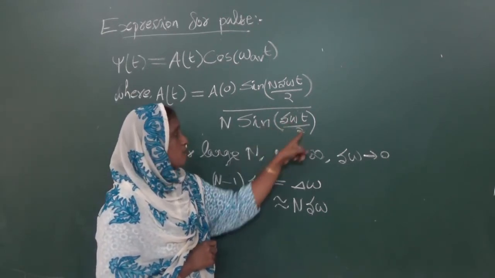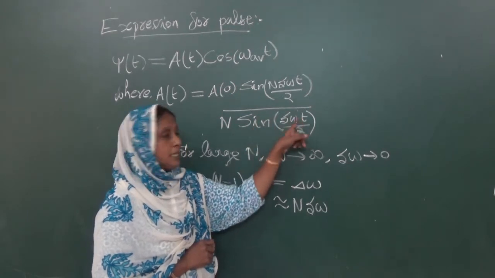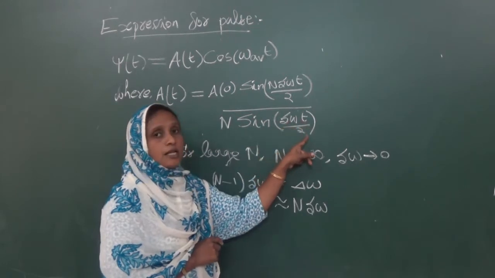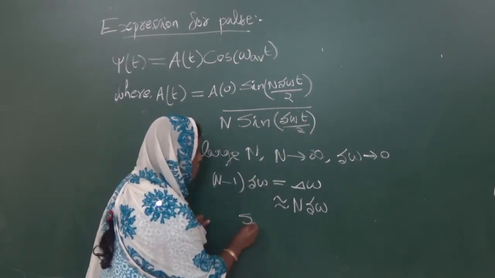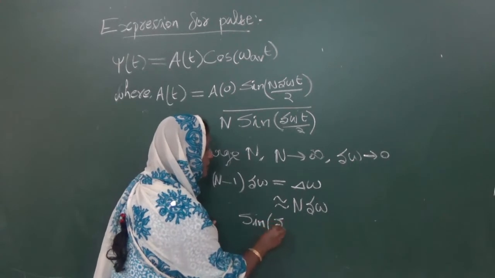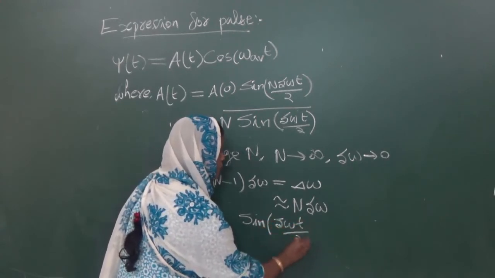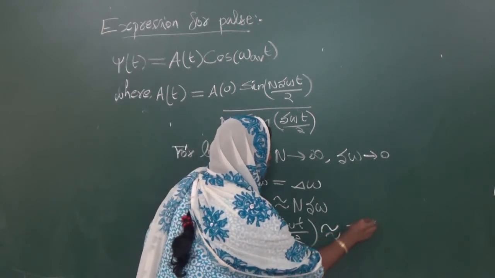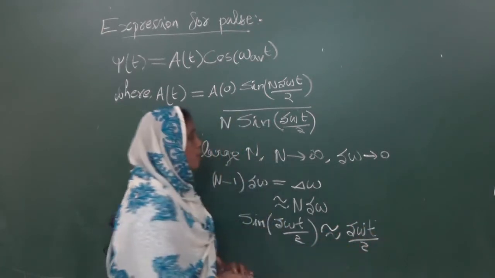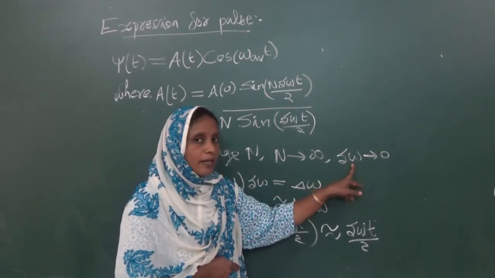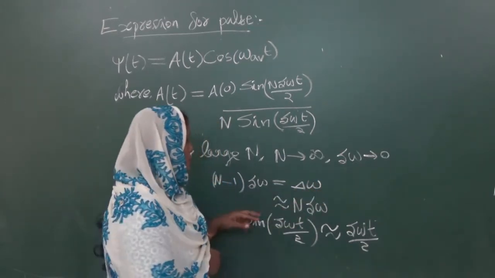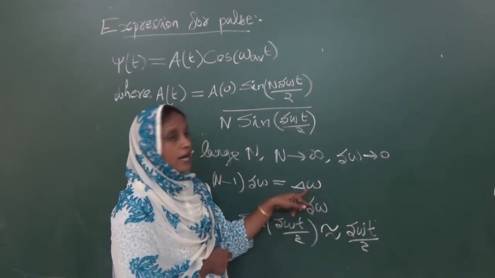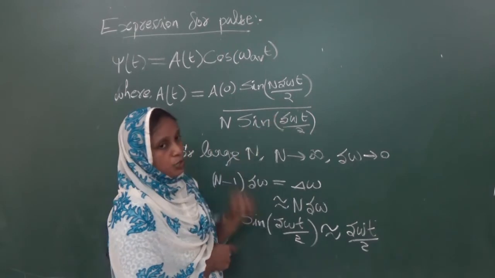So this term sin(delta omega t by 2) is approximately equal to delta omega t by 2, because of this condition, delta omega tends to 0. So we can use these expressions, delta omega t by 2 and delta omega, in this equation.